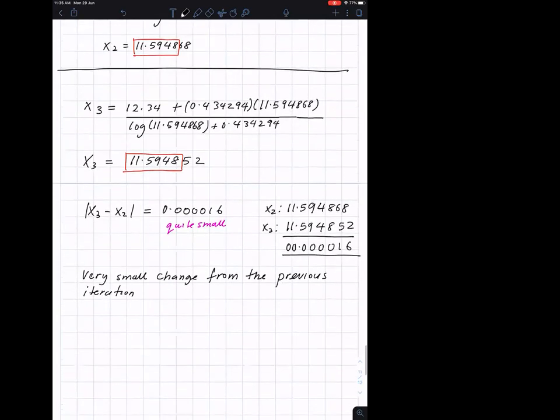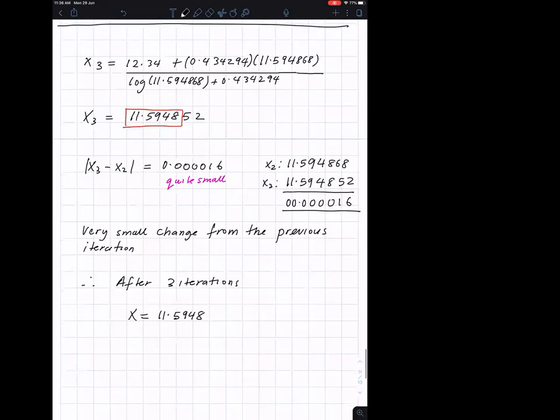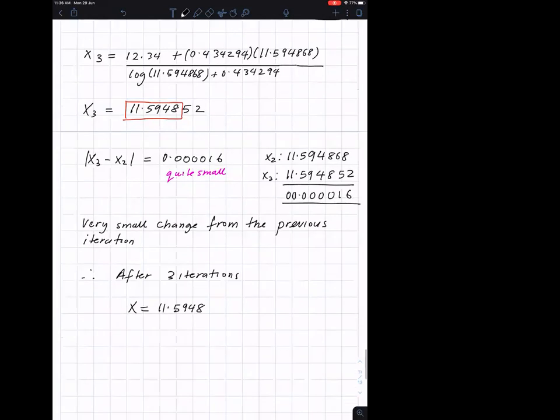Therefore, after 3 iterations, the x value is 11.5948. I'm going to accept my answer correct to 4 decimal places for 2 reasons.